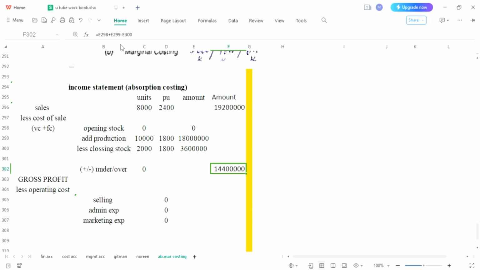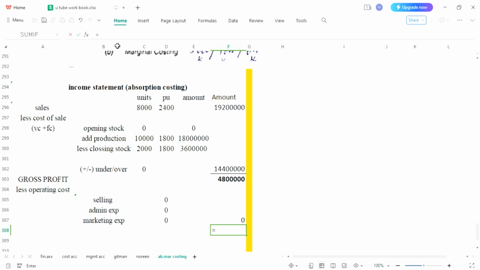At this stage we can calculate our gross profit, which is the difference between cost of goods sold and sales. Amount of sale is 1920, and you need to subtract your cost of sale, which is 1440, and this way we have calculated our gross profit. And since no operating cost is present, we can calculate our net profit as well after that.